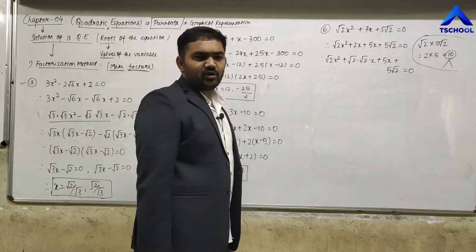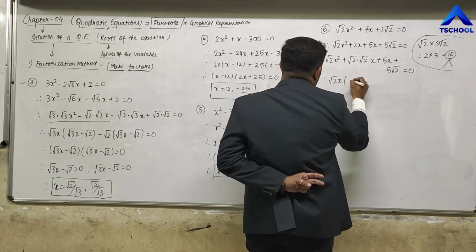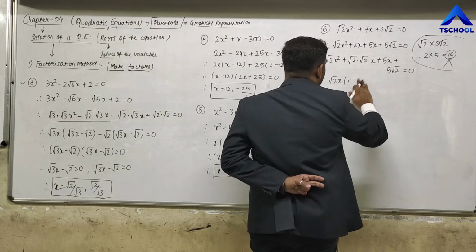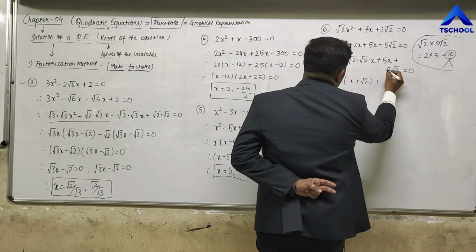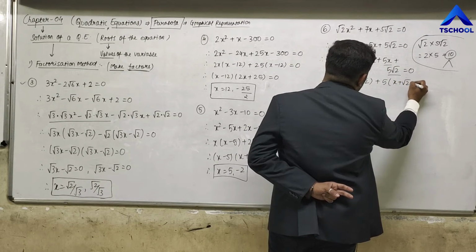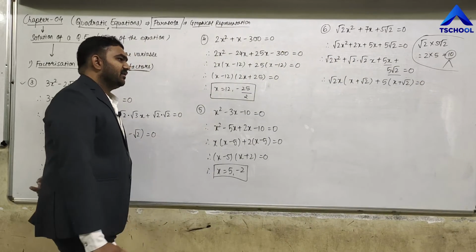Now you can take out common, for those who don't understand. Root 2x into, not root 2 again, I am having only x plus root 2, plus you can take out 5 common into again x plus root 2 equal to 0, right?